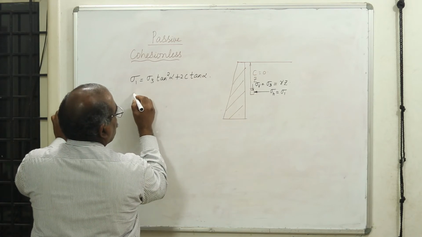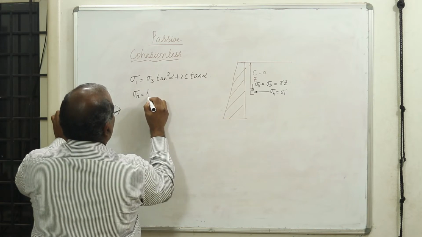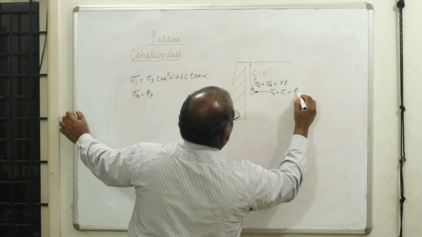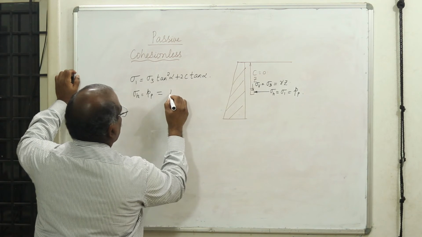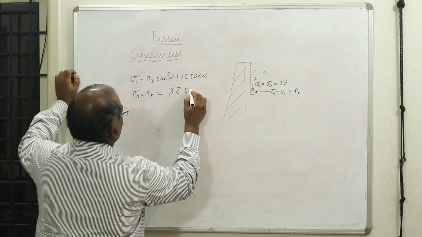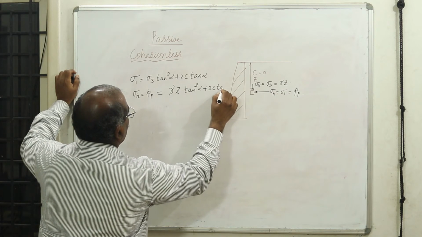Now what is sigma 1? Sigma 1 is sigma h, which is equal to Pp, the passive pressure, which is equal to sigma 3, gamma into Z, into tan square alpha plus 2c tan alpha.